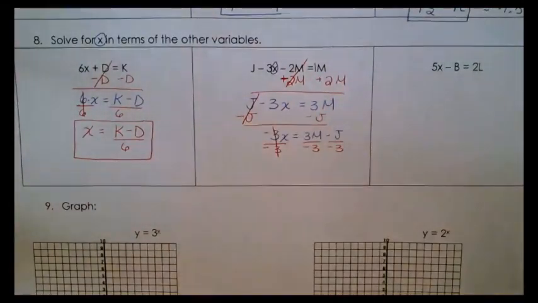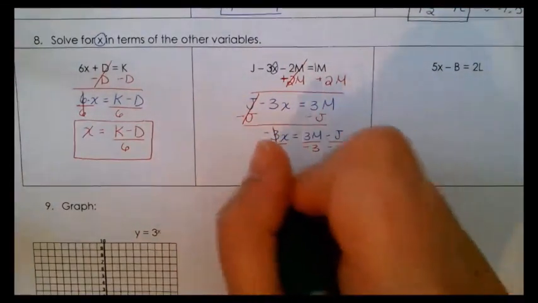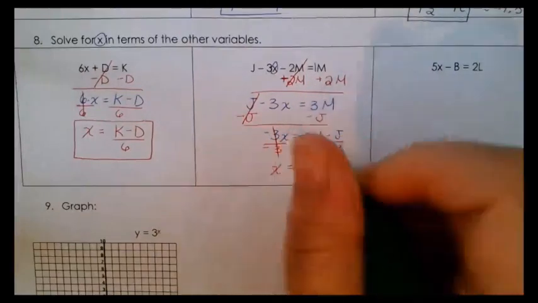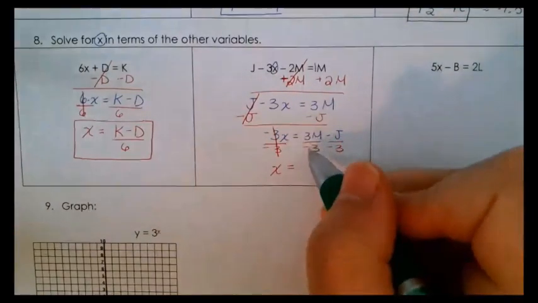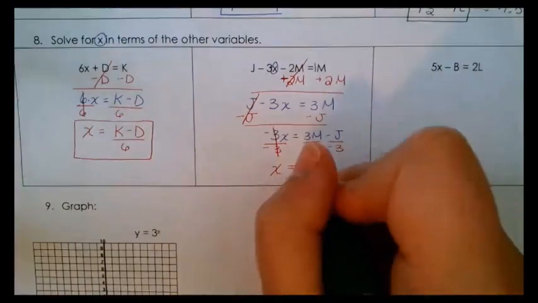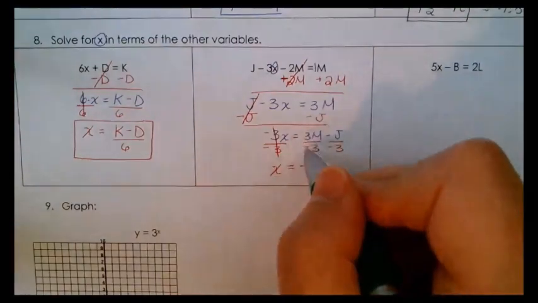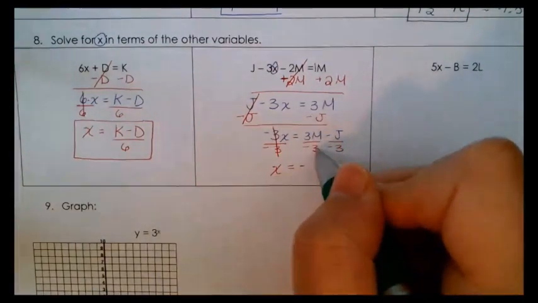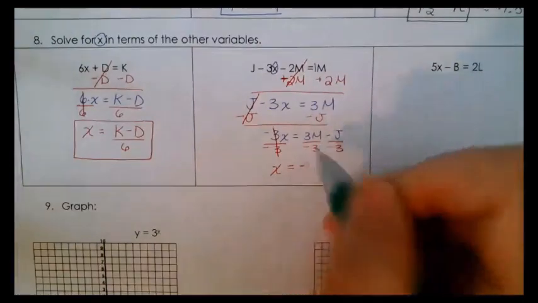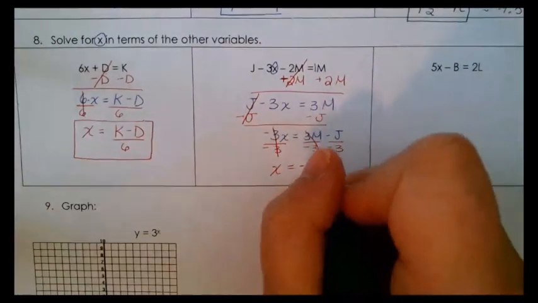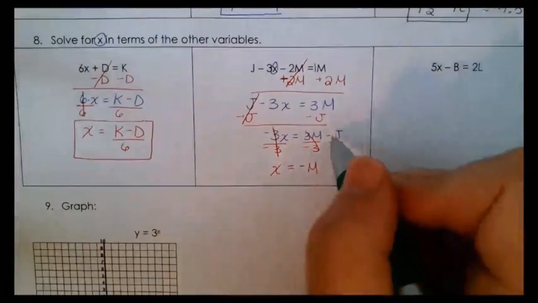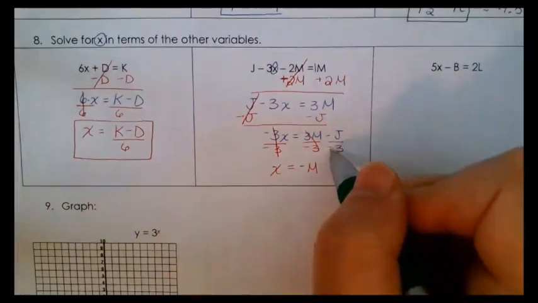The negative 3's cancel. So now you have x equals 3 divided by negative 3 gives us a negative because it's a positive and a negative. 3 divided by 3 is 1. But we don't need to write the 1. So we're just going to have negative m. And then negative j divided by negative 3.